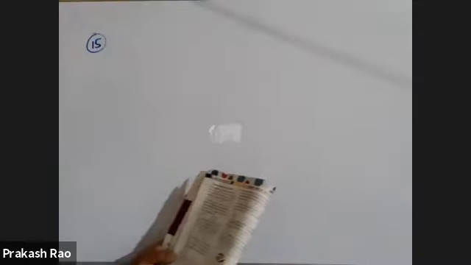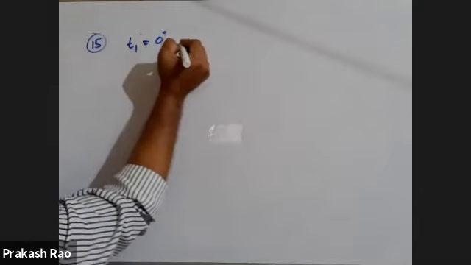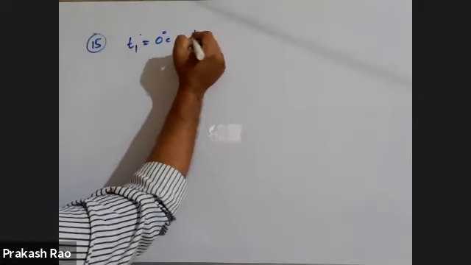Problem number 15. The length of a metal rod at 0 degrees centigrade is 0.5 meter. When it is heated, its length increases by 2.7 millimeter. The final temperature of the rod is. Coefficient of linear expansion is given. T1 is 0 degrees centigrade. You want to find T2.